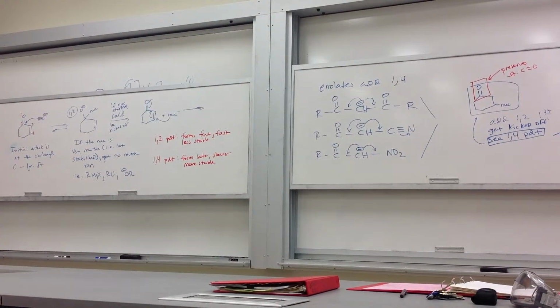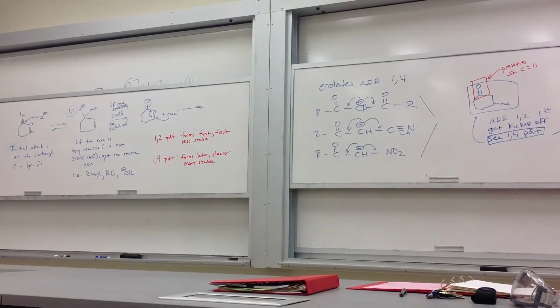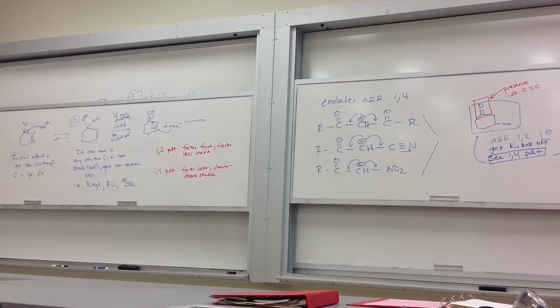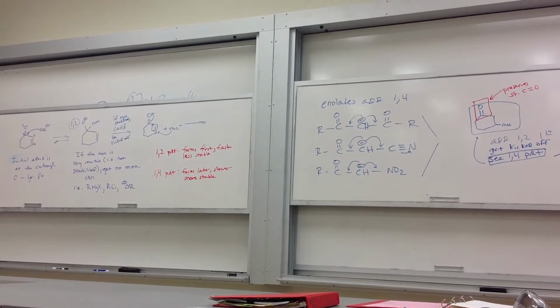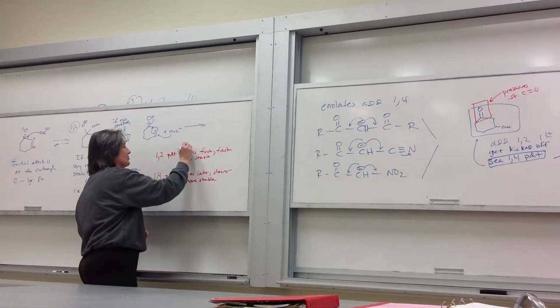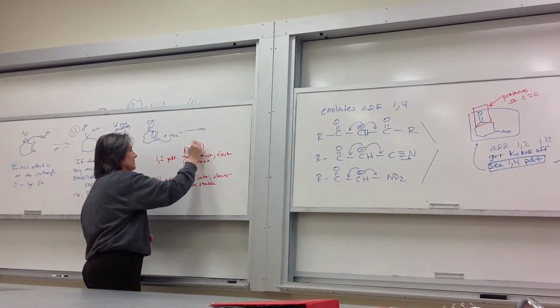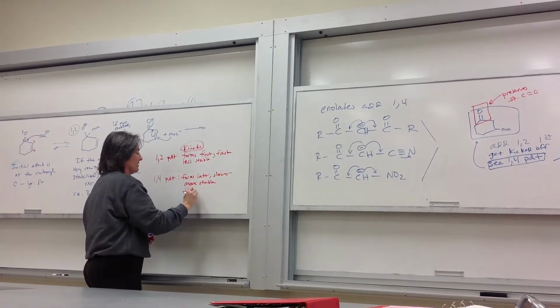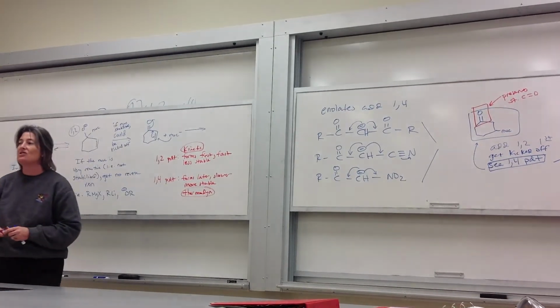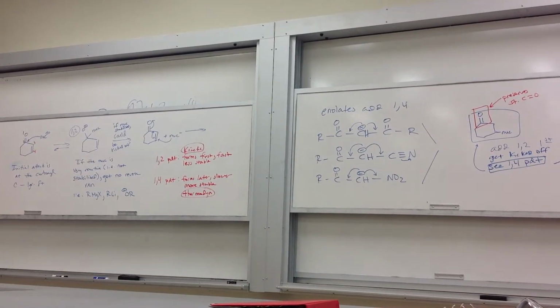This is sort of sounding like a discussion we had about a month ago. Something that forms fast, forms the less stable product, versus something that forms a little slower and forms the more stable product. Kinetic and thermodynamic, exactly. The 1,2 product is the kinetic product. And the 1,4 is the thermodynamic product. And what changes your ratio now is the nature of the nucleophile.